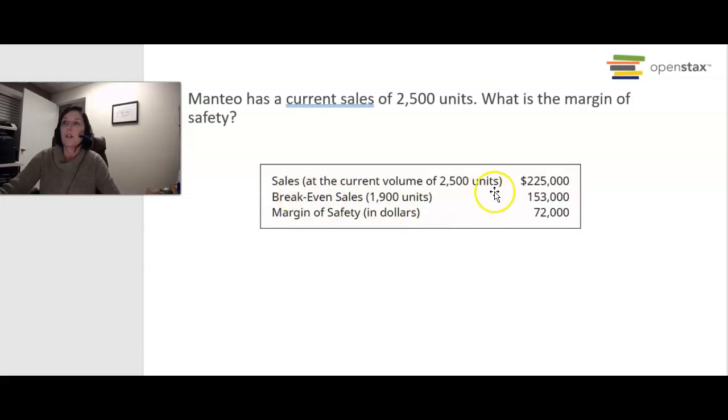Their sales currently are at 2,500 units. So if we subtract what they would have to sell just to break even from what they're currently selling while they're profitable, this tells us that their sales can theoretically decline by $72,001 before they begin to report a loss.